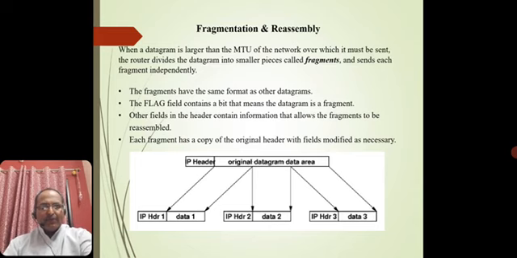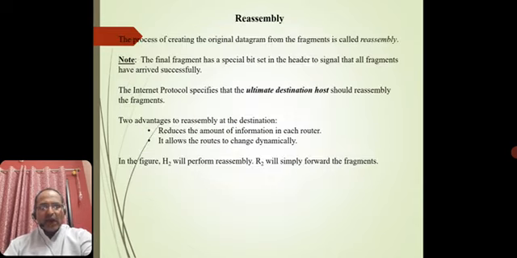Now we move on to the next important discussion: how reassembly is carried out. If we cannot reassemble the datagram which we sent in the form of fragments, then the feasibility of reading is lost. Reassembly is the process of creating the original datagram from the fragments.